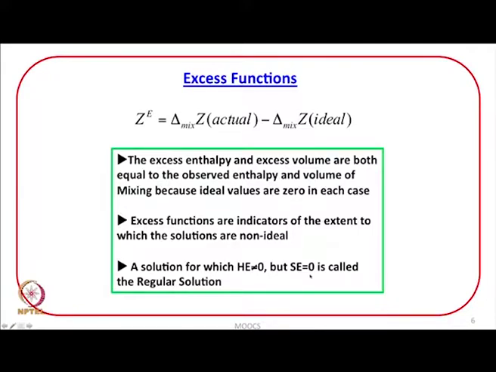That means the random orientation of the molecules in the mixture is similar to that in the pure liquids. However, the way the solute interacts with the solvent is different than the way solute and solvent interact with themselves.